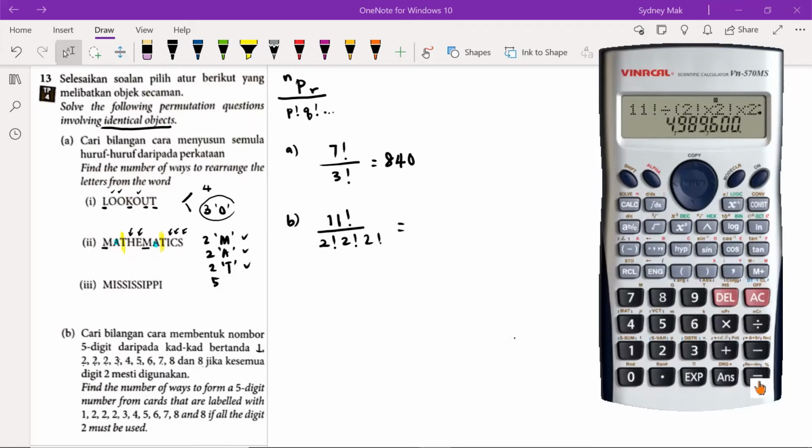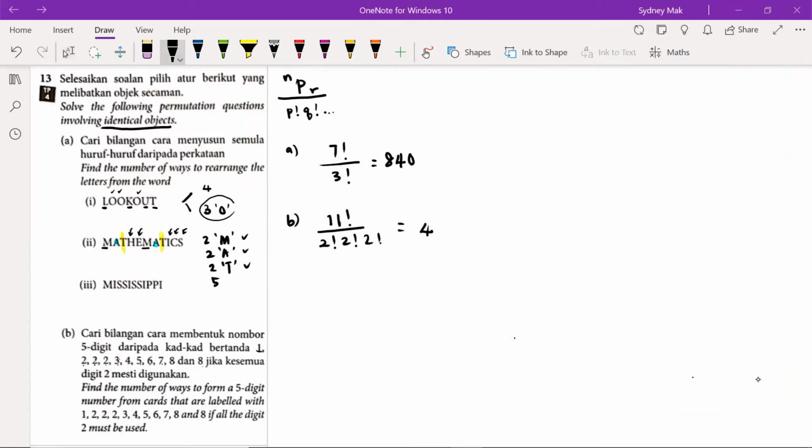The answer is 4,989,600 ways to arrange these letters.